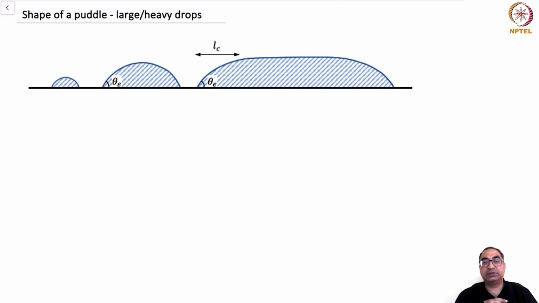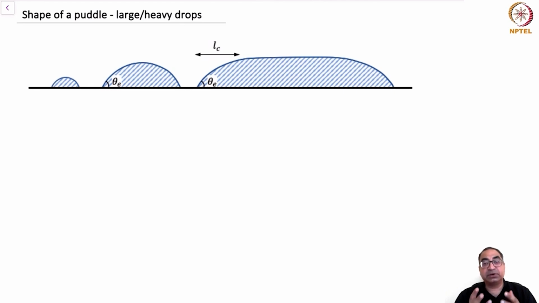Now, also notice in the figure that I've shown droplets of different volumes but having the same contact angle theta e. If you may recall, in the last lecture, when we derived the Young's equation, we found that the Young's equation is applicable very close to the contact line. And that's a length scale where gravity is anyway not very important. Surface tension forces are the most important.